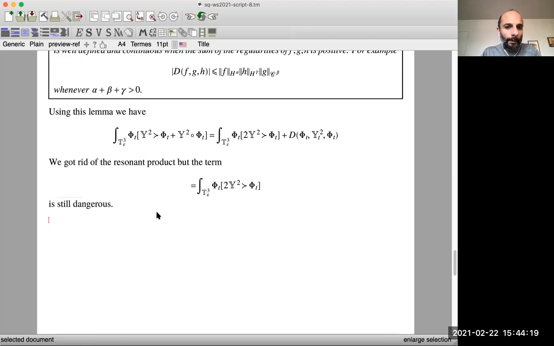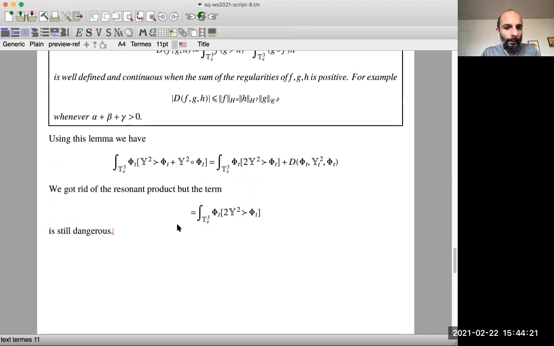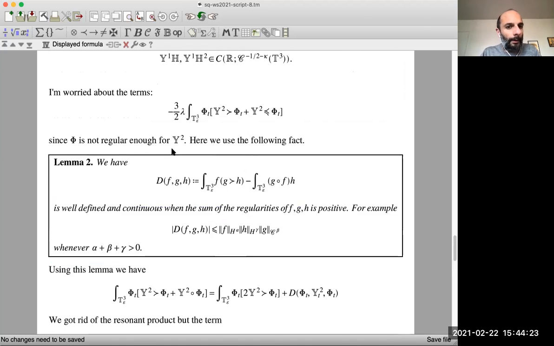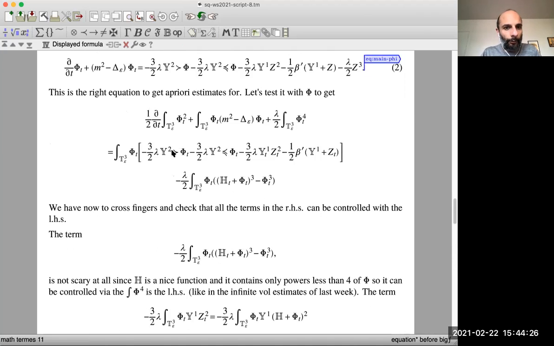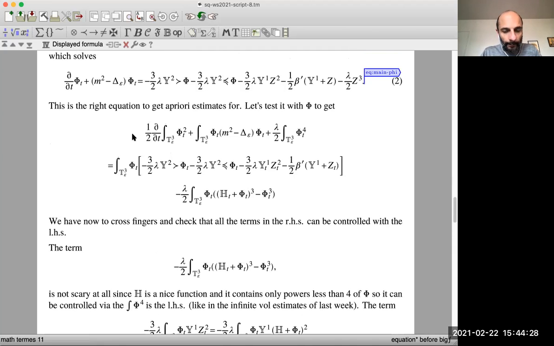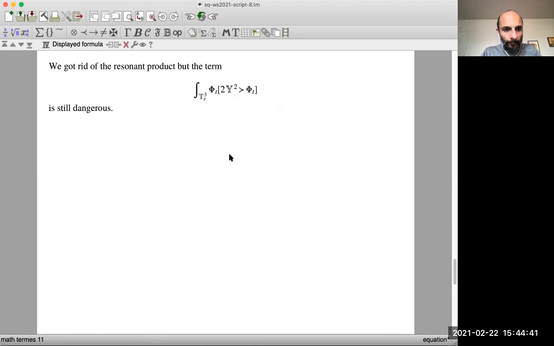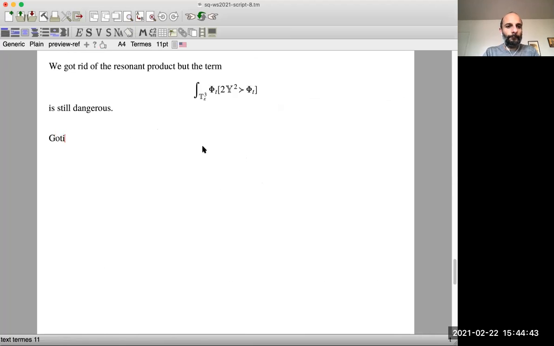Okay, so at this point, I need to go back and look at how it looks. So now, going back to the a priori estimate, we focus on two terms.